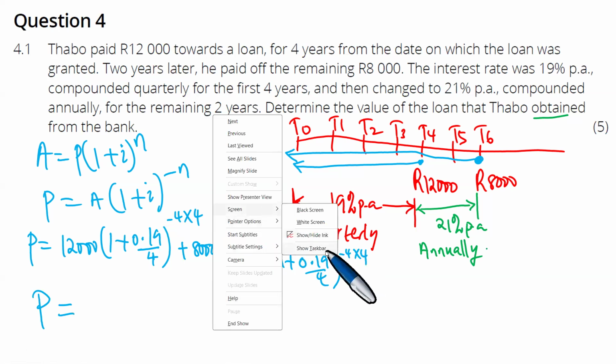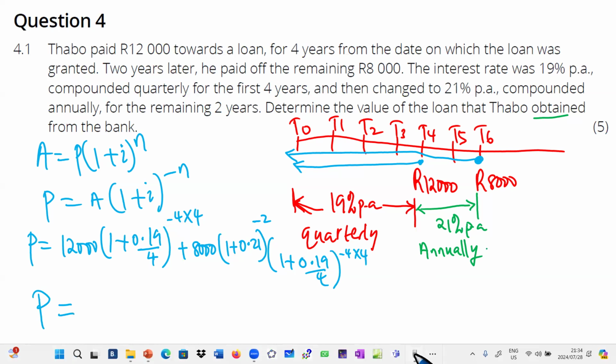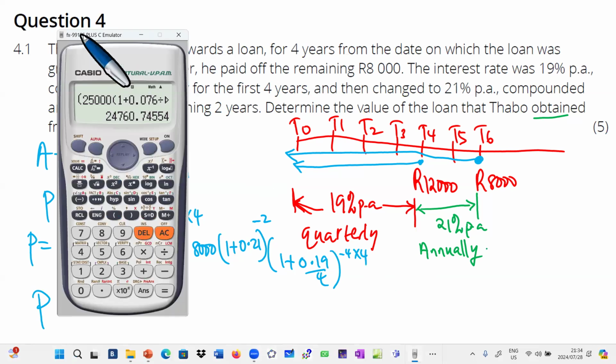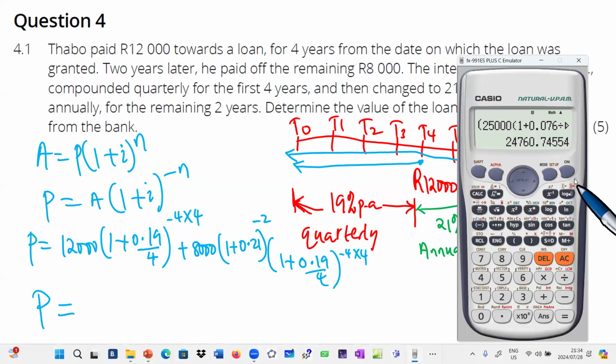So you actually do the following. 1 plus 0.19, you divide by 4.